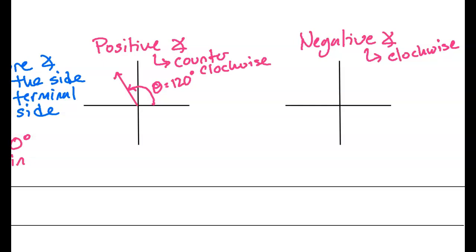Versus if I have the same exact angle, the same exact line, the same exact vector, but instead of going counterclockwise, we're now going clockwise from this positive x-axis. How many degrees would this angle be?